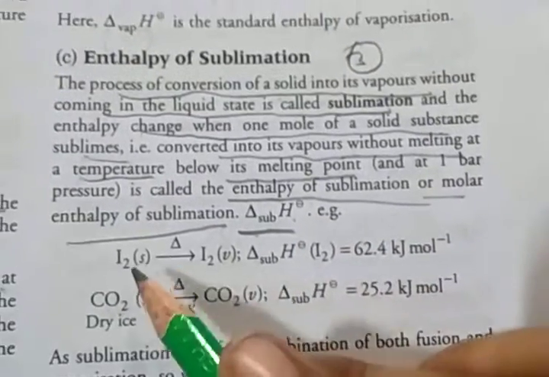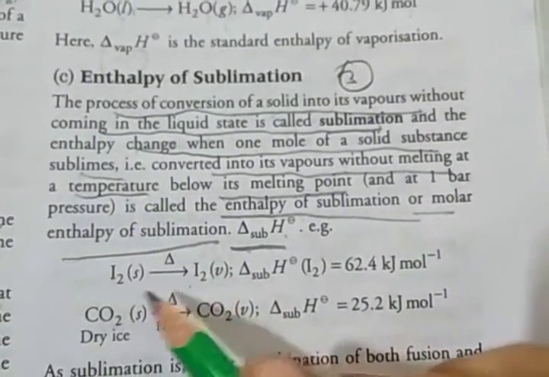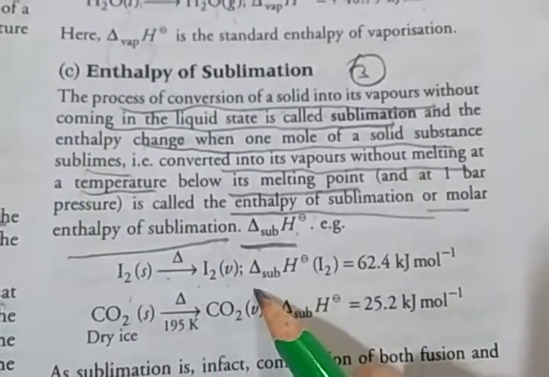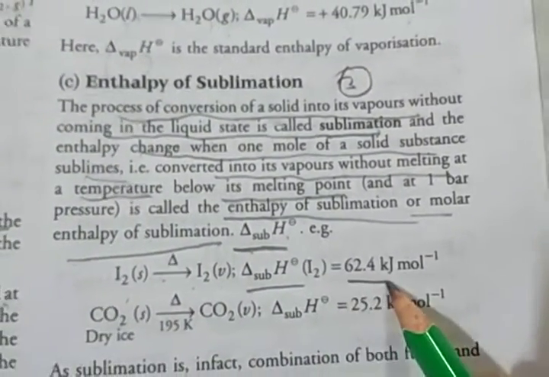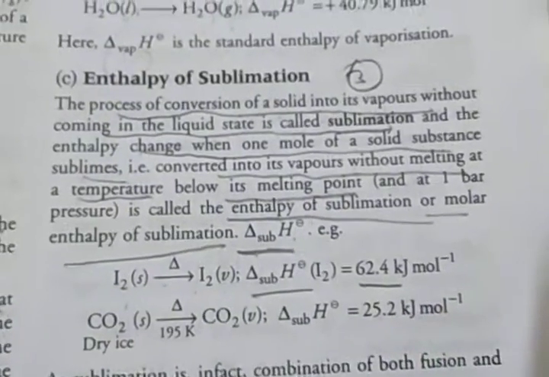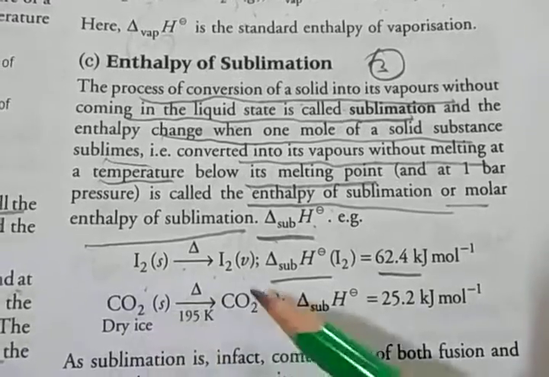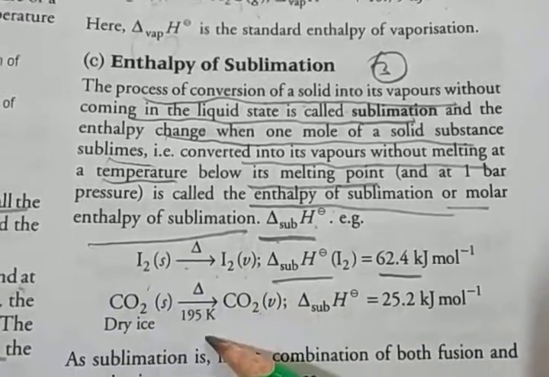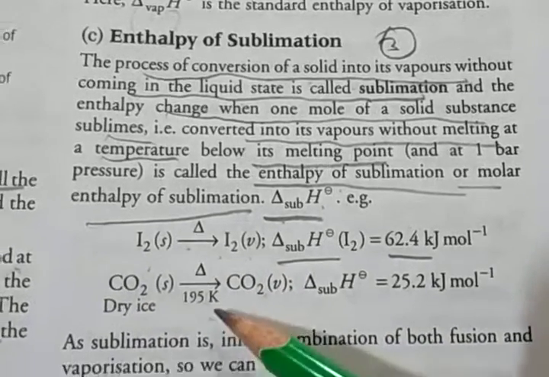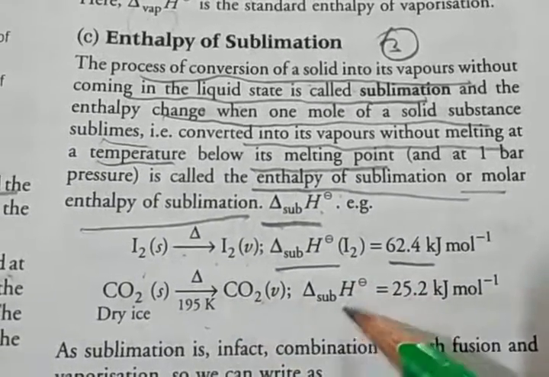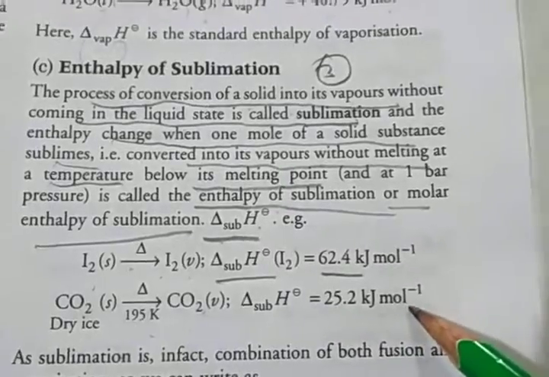For example, iodine solid converts into vapor on heating. Here the sublimation enthalpy is equal to 62.4 kilojoule per mole. Another example is CO2 dry ice, which converts into CO2 gas without coming into the liquid state. Here the sublimation enthalpy is 25.5 kilojoule per mole.